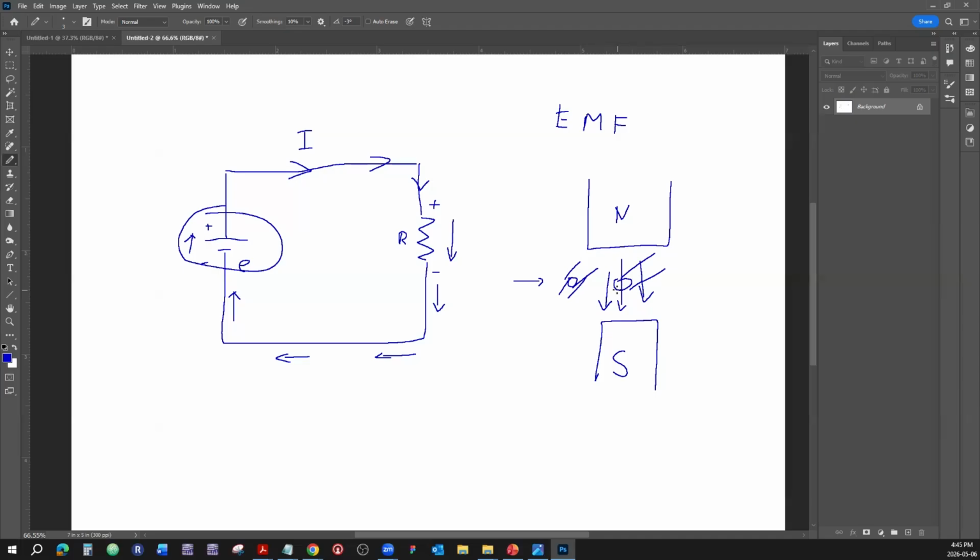So how is that going to polarize right now? It's going to polarize so the current flows from the negative to the positive. Here, here. We're going to have a current flow here.